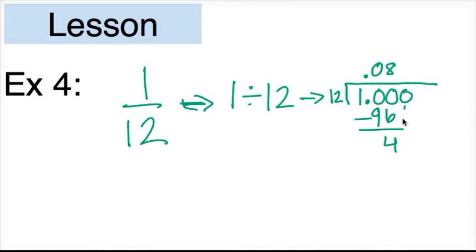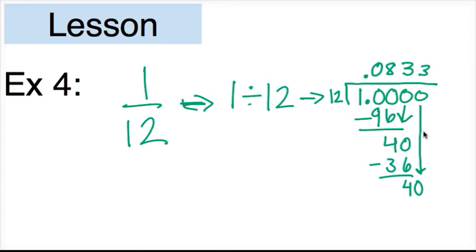Subtract, I get a 4. 12 times 3 is 36. It's as close as I can get. I have a 4 left over. What you should start noticing is that my result here is repeating, and if your result is repeating, your decimal ends up repeating. Because now I've got a 3 again.